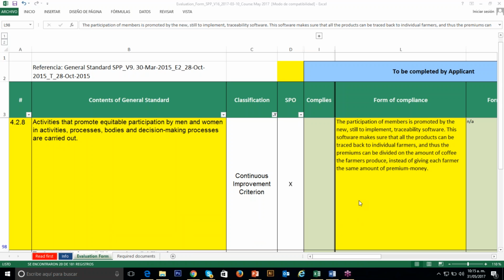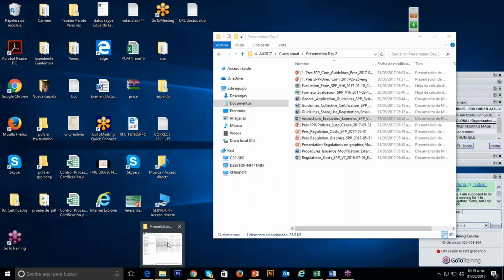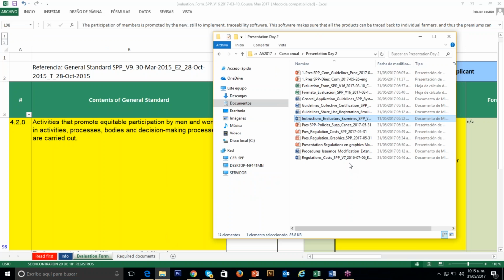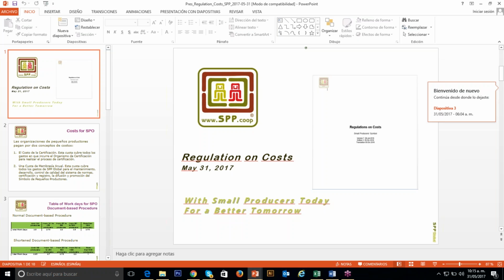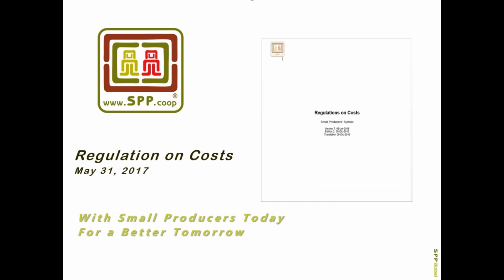Or if not, we can continue with the costs, regulation on costs. This is another document of the SPP system, Regulation on Costs.